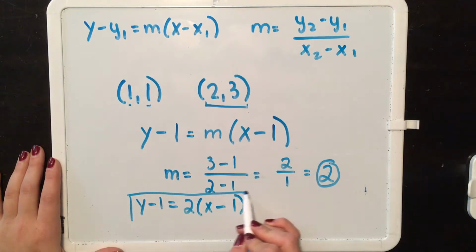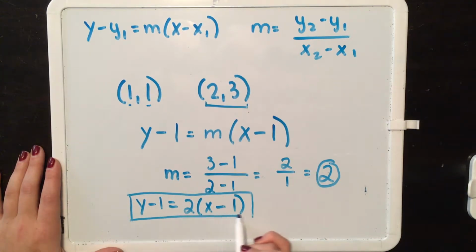Now this is a perfectly acceptable equation for a line. It may not look in the form that you've seen before, y equals mx plus b, but we can easily convert it to y equals mx plus b by just doing a little rearranging.